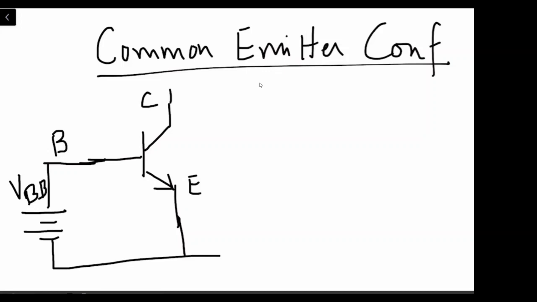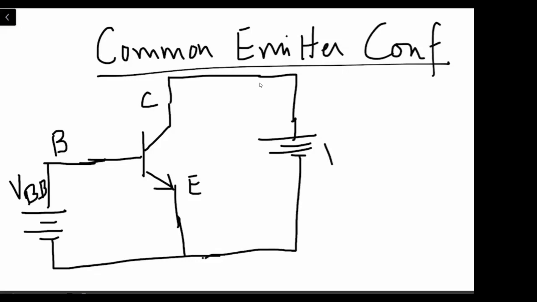And the other side is the collector emitter circuit, which is going to be the output side, and in the output side we will have to make the collector base junction reverse biased, right? And we say this is VCC. Are you with me?